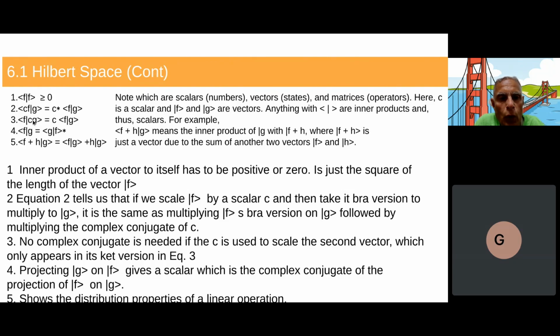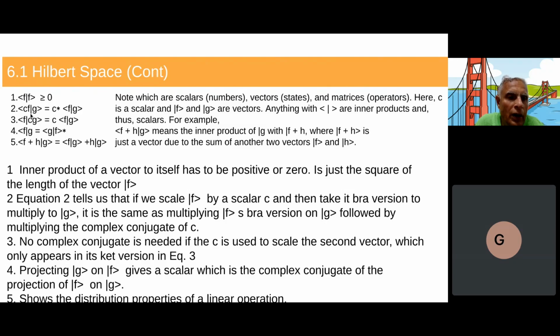If you have F and G as the two vectors, and you multiply ket F by ket G, then the scalar product of that, if you scale it with a complex number C, can be taken as C star, that is, a complex conjugate, multiplied by FG. Or the other way around, if you use bra F with ket G, then it is C into FG.